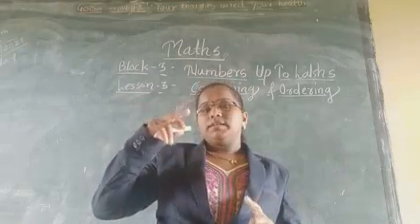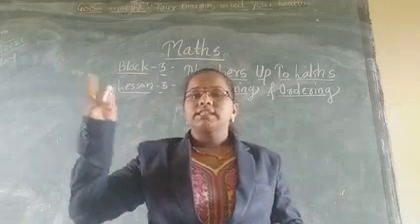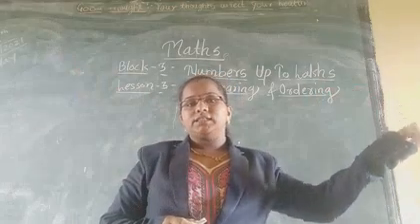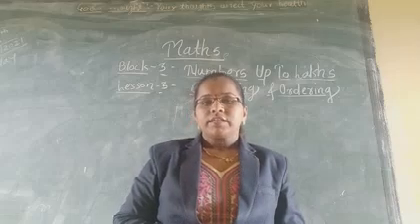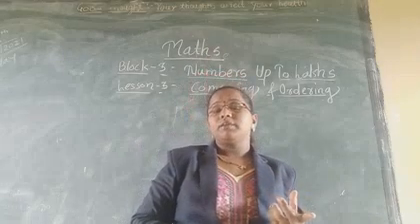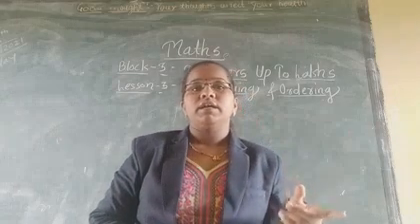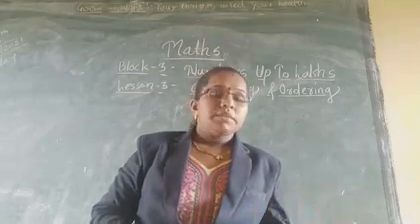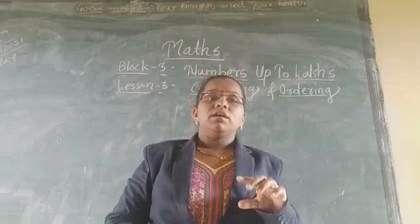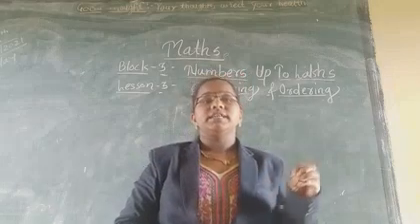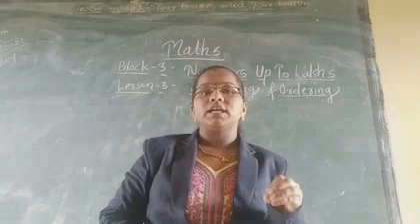Here we compare the numbers: which number is greater, which is lesser and which two numbers are equal. In the previous lecture we already studied the greatest and smallest number and ascending and descending order.